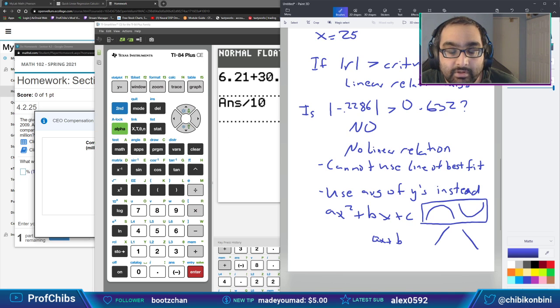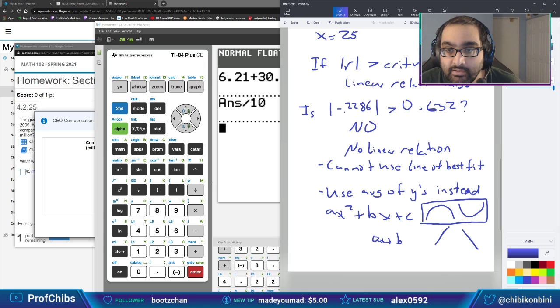So, X values, Y values. Okay, I see what you used there.